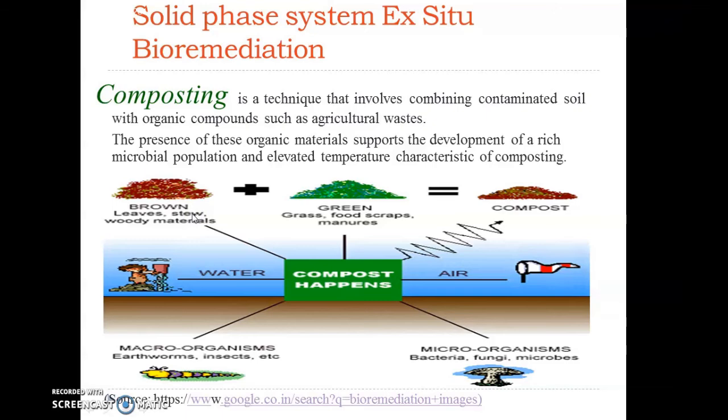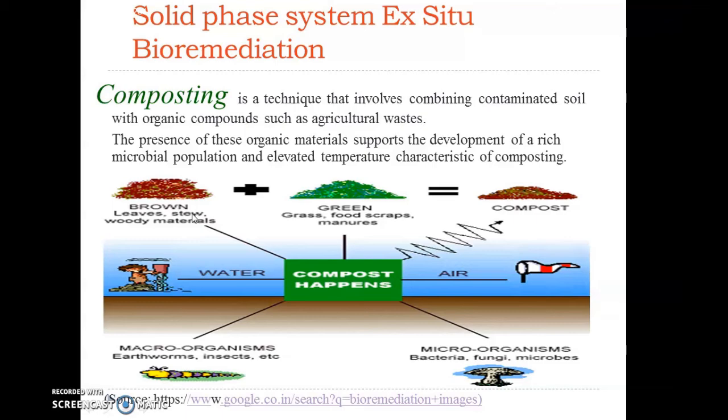So, solid phase system in ex situ bioremediation, the first method is composting. All of you know composting, a technique that involves combining contaminated soil with organic compounds such as agricultural waste. We will first mix the contaminated soil with agricultural waste, which will act as nutrients for the bacteria doing the bioremediation.